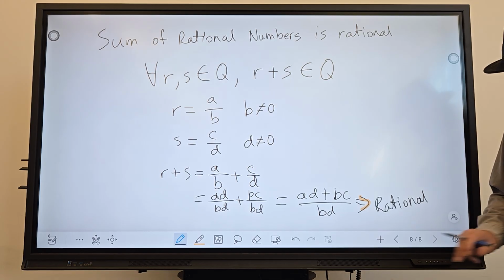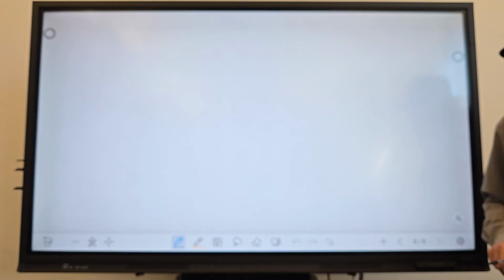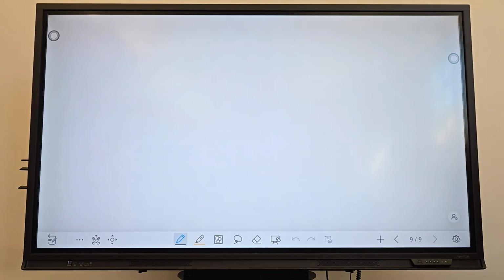All right, let's see here. Some additional results about even and odd integers. I'm just going to read through them instead of putting them up on the board. The sum, product, and difference of any two even integers are even. The sum and difference of any two odd integers are even.